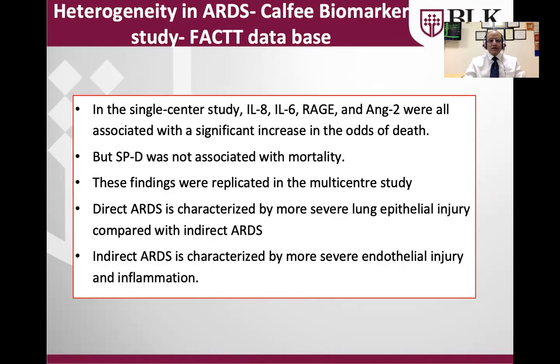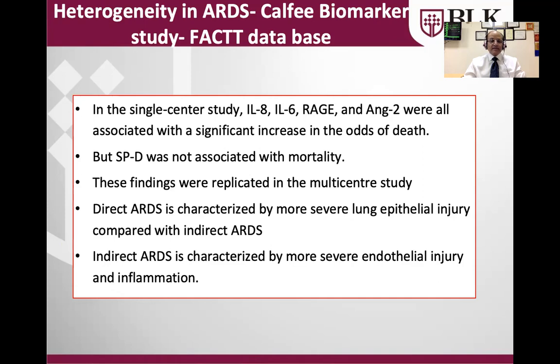When they looked at the single center study, they found that IL-8, IL-6, RAGE, and Ang2 were all associated with a significant increase in odds of death, but SPD was not associated with mortality. These findings were replicated in the multi-center study.